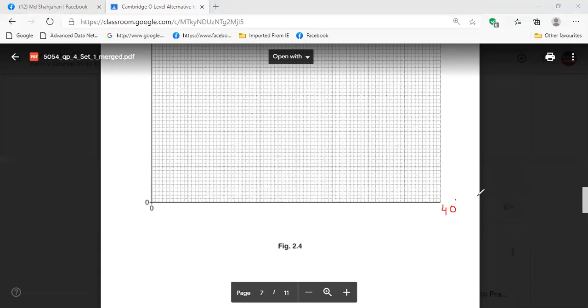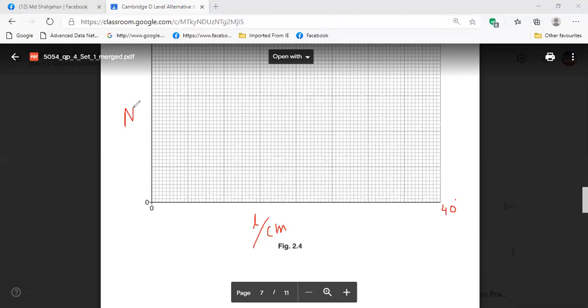Here we'll give 40. And Sir, on the y-axis, what will we label? Okay, x-axis, we are going there, then the y-axis. In the x-axis, we are labeling L, right? Yes. L in centimeter. And on the y-axis, we are giving number of rings, right?